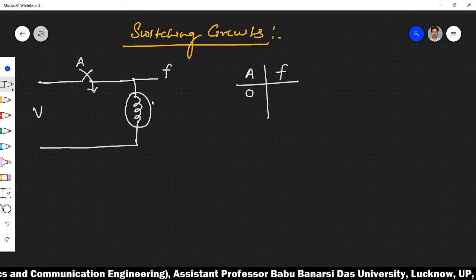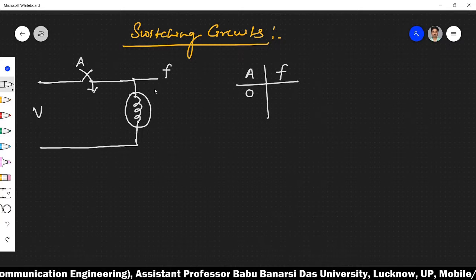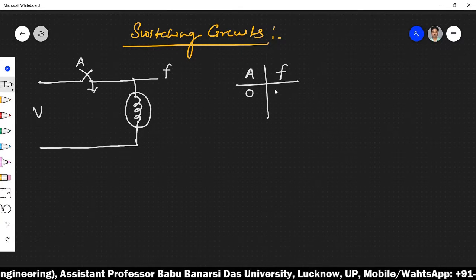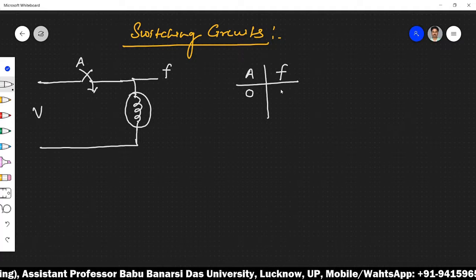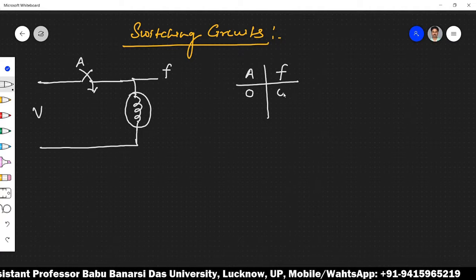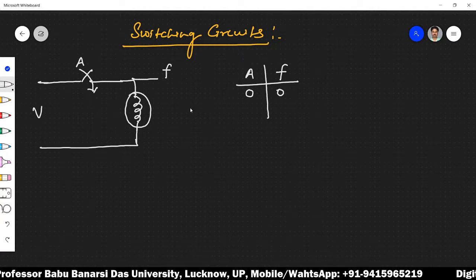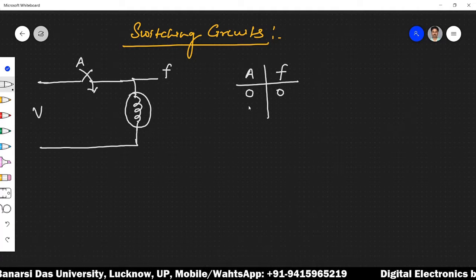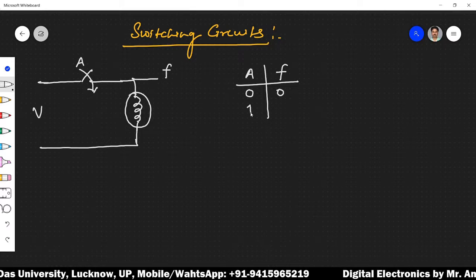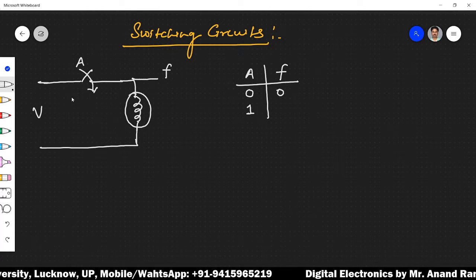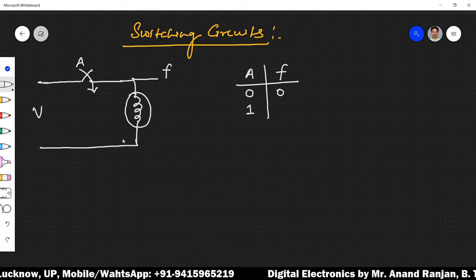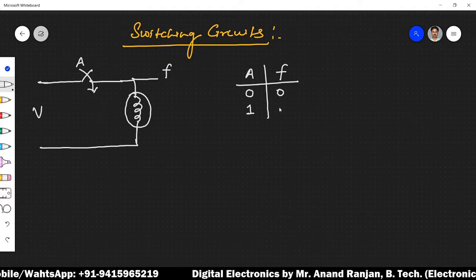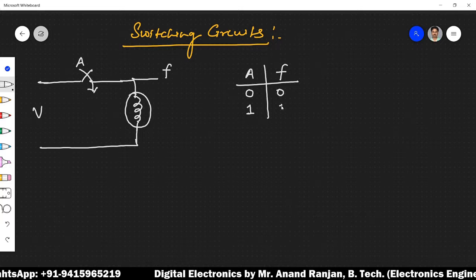In that case, there is no current passing through this bulb, and hence this bulb is not going to glow, so we can write this F value as 0. Similarly, when switch A is closed, this will be represented by A is 1, and a current passes through this bulb and of course the bulb glows, and this will be represented by the output function 1.